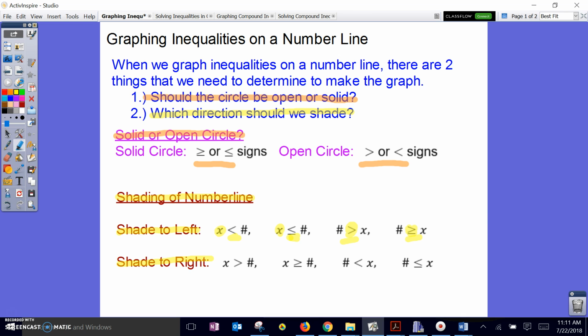And shading to the right is just the opposite. We're looking for all the numbers where x is bigger than the number in the inequality. And so all of these are instances where we've written some expression that says that x is bigger than the number.